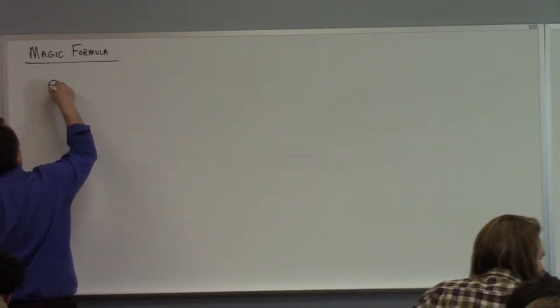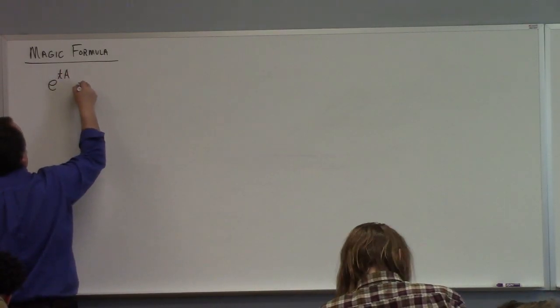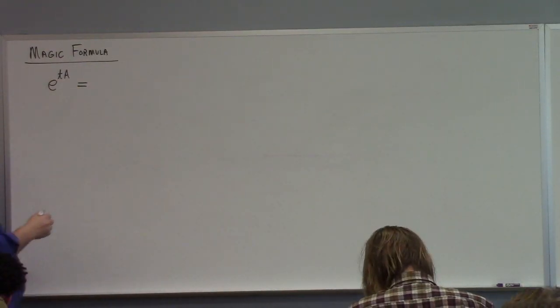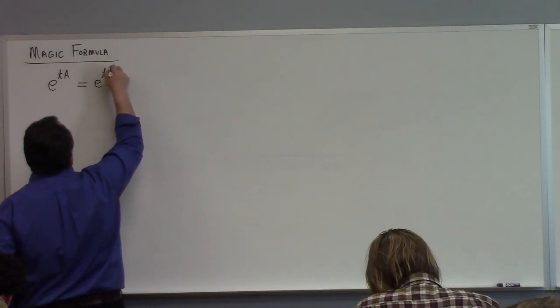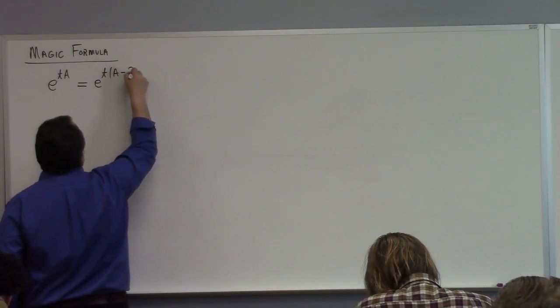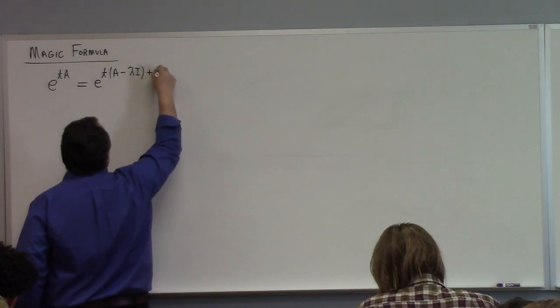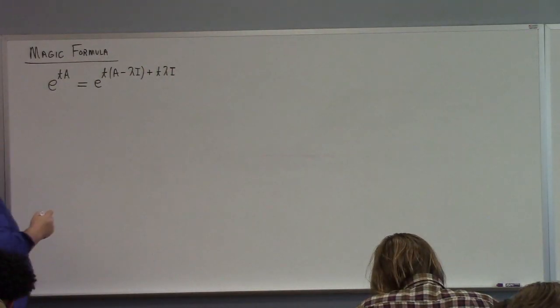We'll start out with e to the tA. There you go. And then I will rewrite that as e to the t times (A minus lambda I) plus t lambda I. So far all I've done is added 0.